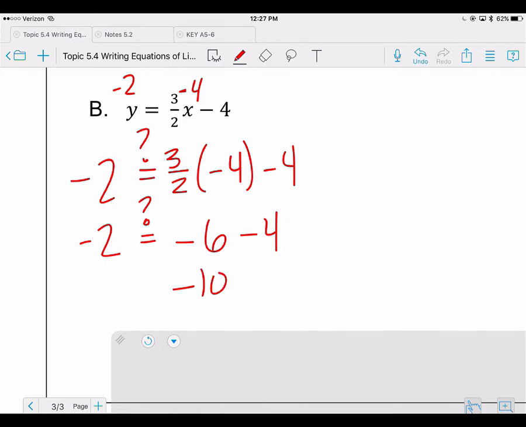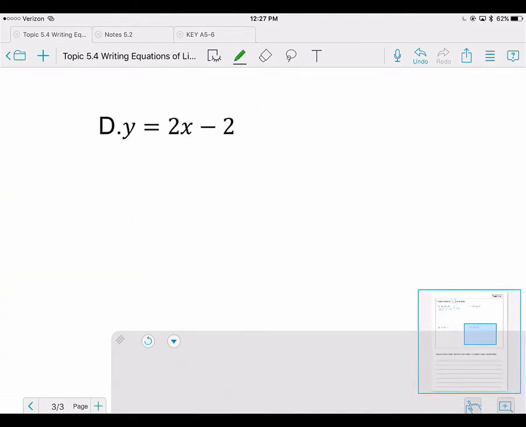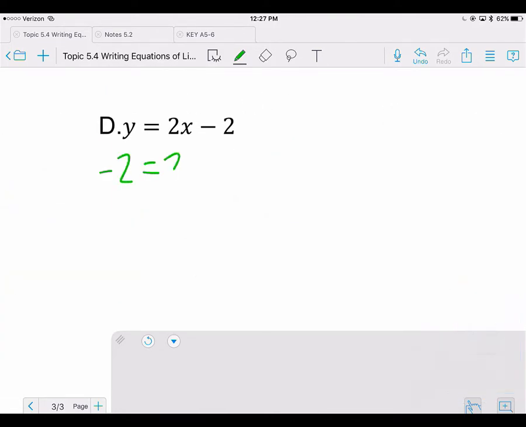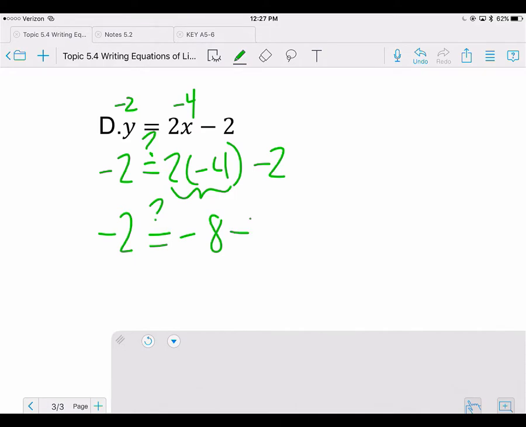Negative 6 minus 4 is negative 10, which does not equal negative 2, so it's not B. D, plug in negative 4 for x, negative 2 for y, see if this one will work. So I am looking to see if negative 2 equals, this is negative 8, negative 8 minus 2 is negative 10, which is not negative 2.